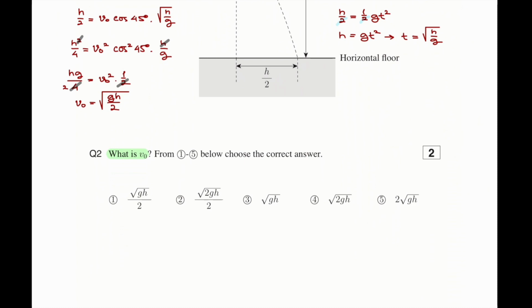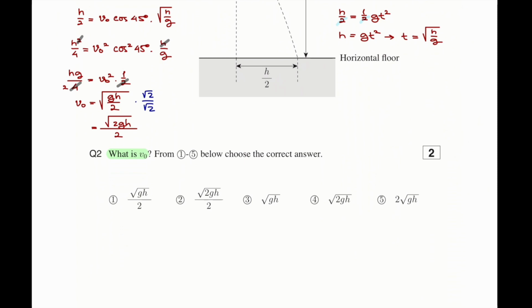We still have not found the answer, so I will manipulate this expression first. I will rationalize the denominator by multiplying it with square root of 2 over square root of 2. Then I will get square root of 2gh over 2.